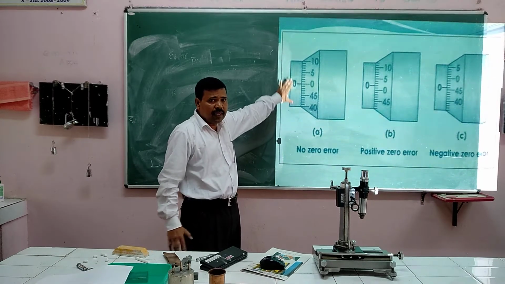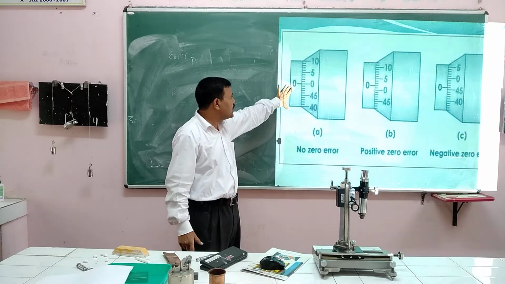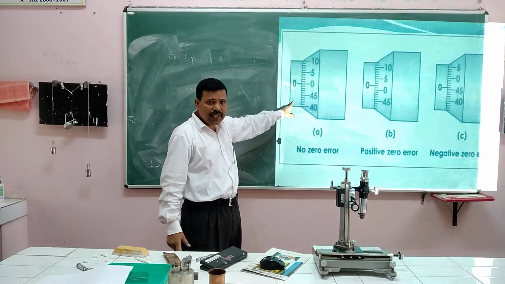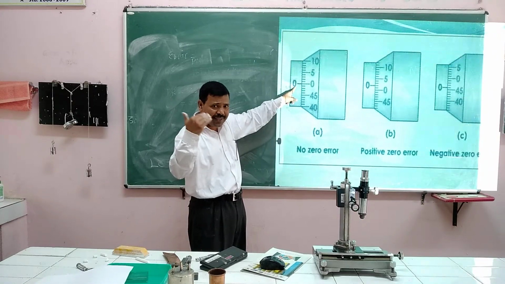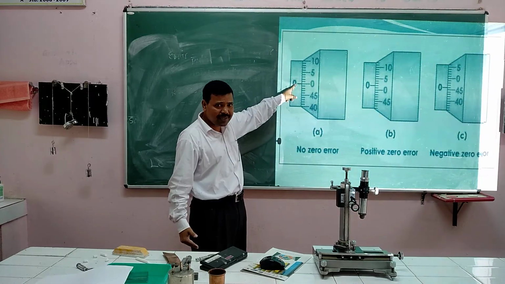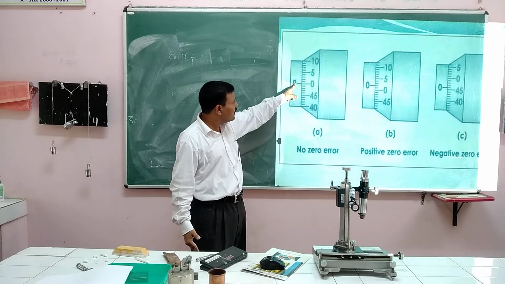Here is a screw gauge which has zero error. This is called the reference line, or the zero of the linear scale.